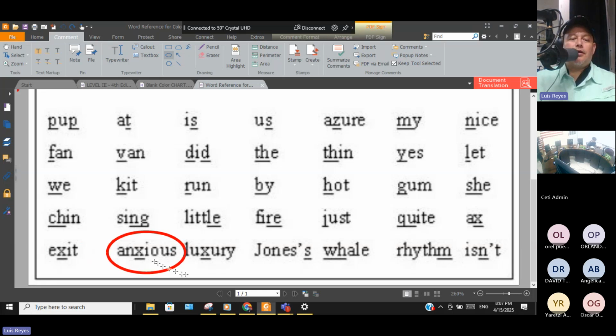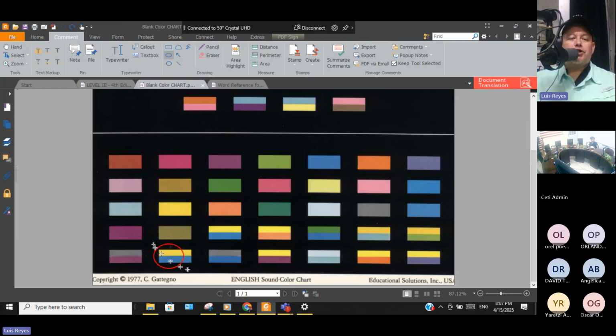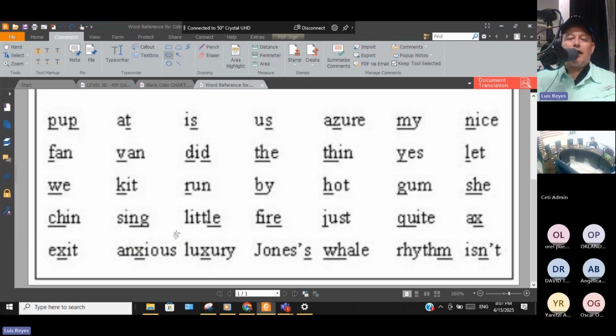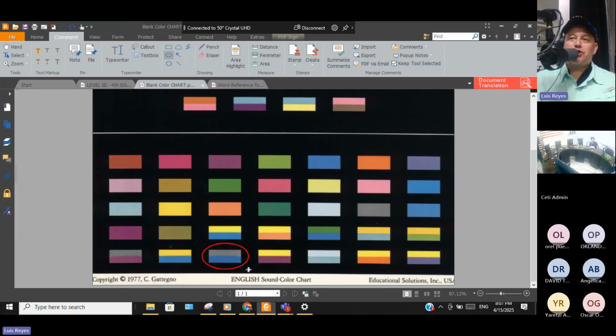Anxious, cush, A-N-X-I-O-U-S, cush on the color chart. Luxury, gush, L-U-X-U-R-Y, gush on the color chart.